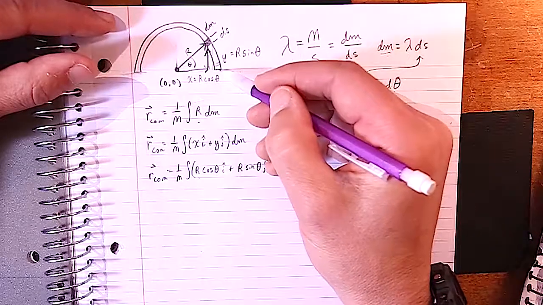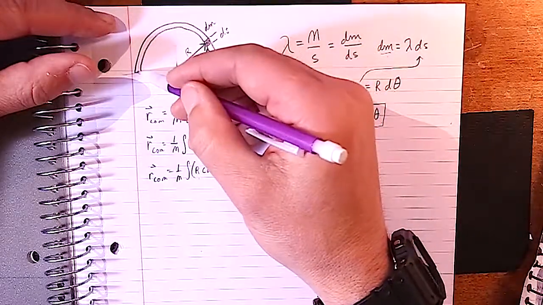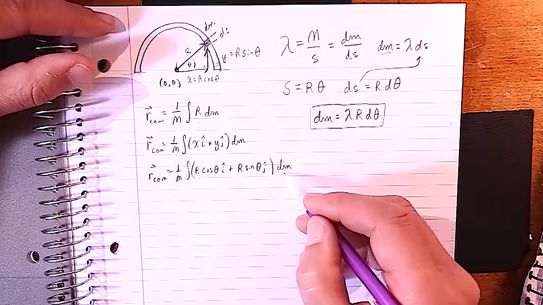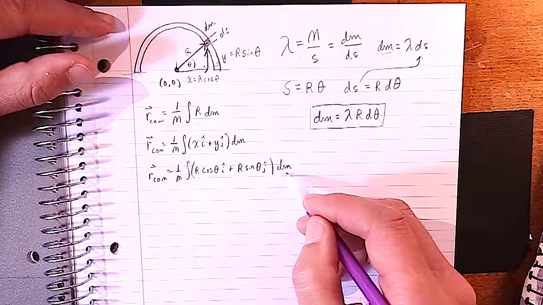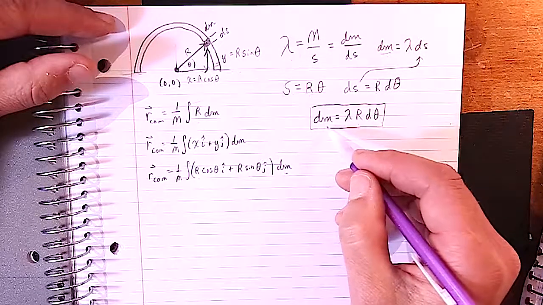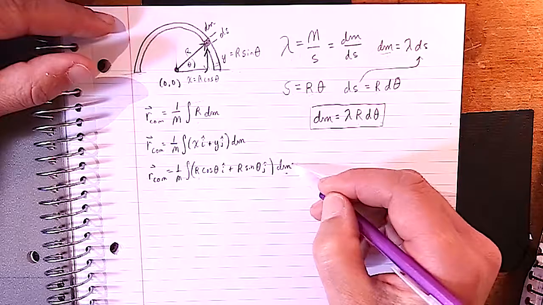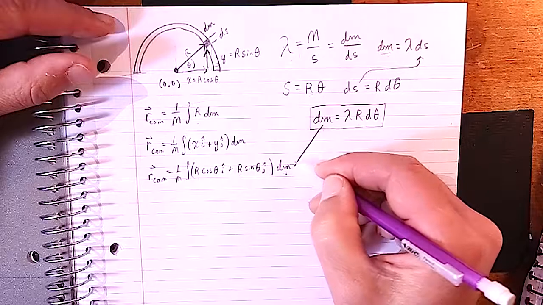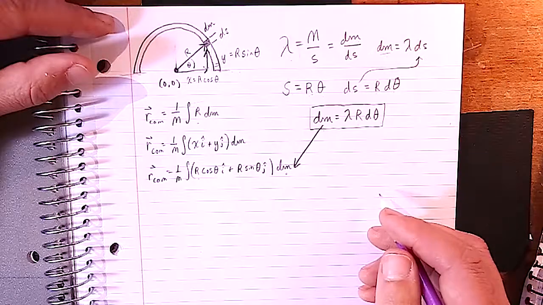We're integrating from 0 over to pi radians on the other side of the semicircle. So we don't want a dm in here. We want a d theta, and that's why we did all of this work. This is to get dm switched over to a d theta. So we're going to take this and sub it in right there.